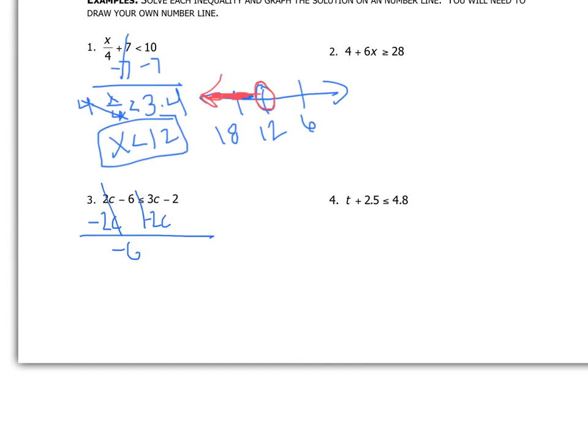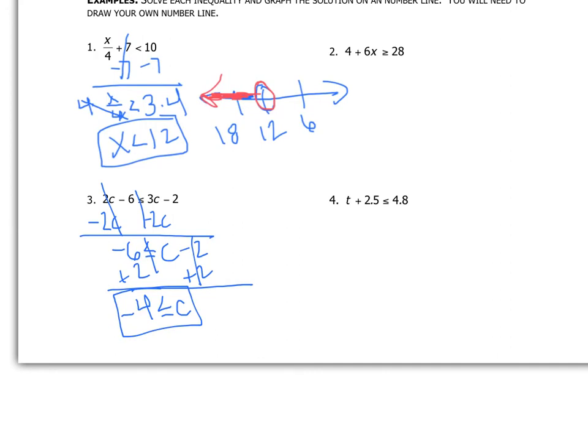So I have negative 6 is less than or equal to 3c minus 2c is 1c, or I can just put c, minus 2. And then again, I need to move the 2 over. Since it needs to cross the equal sign, I add 2, add 2. These will cancel. Negative 6 plus 2 is negative 4, less than or equal to c. And there is your answer.